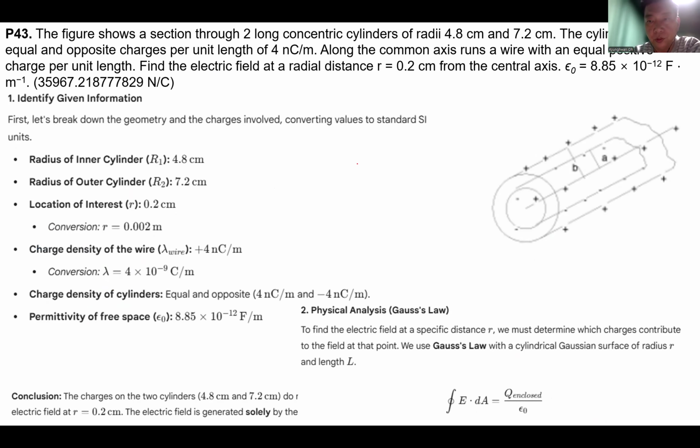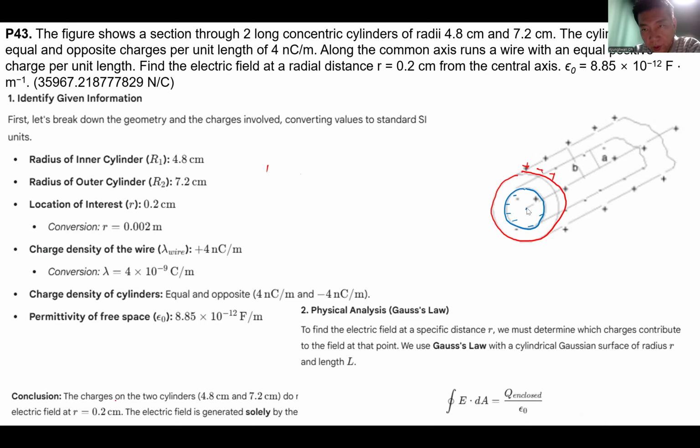Here is the situation. What is happening here is that you have two surfaces. An outside surface with a plus charge, and an inside surface with a minus charge.